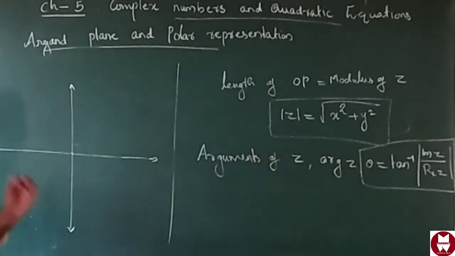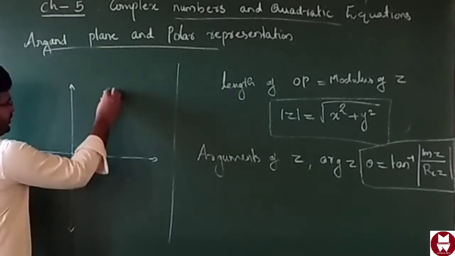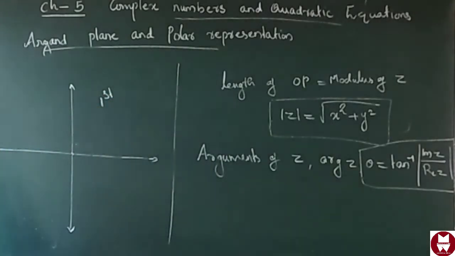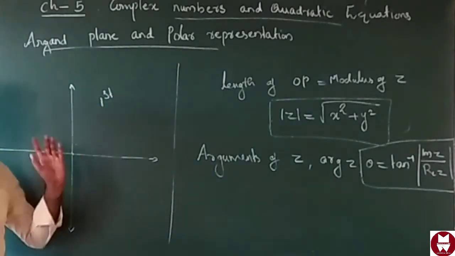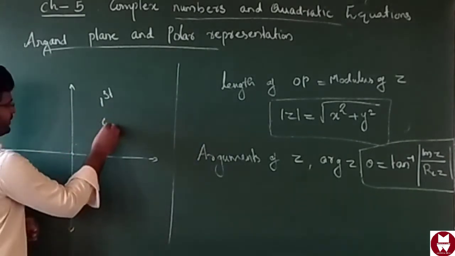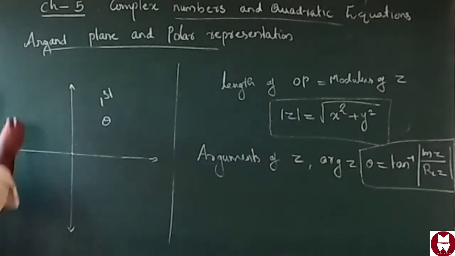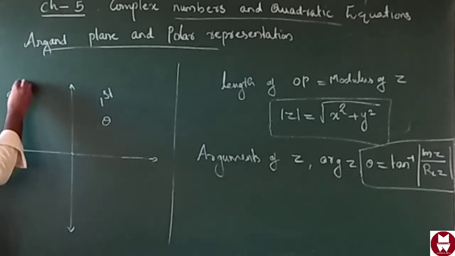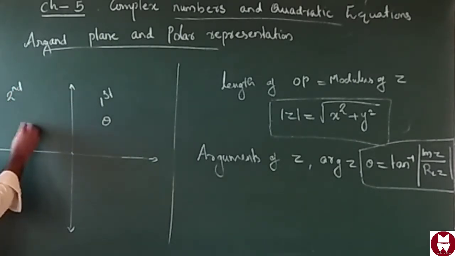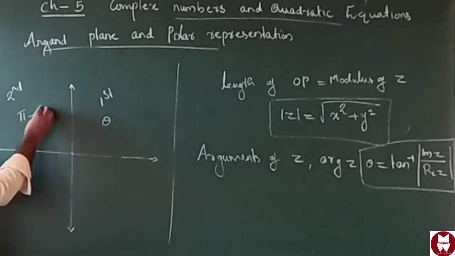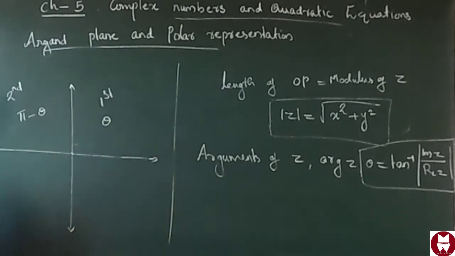And the argument is not equal in all quadrants. In the first quadrant, the argument will be theta. In the second quadrant, the argument will be pi minus theta. Why pi minus theta?